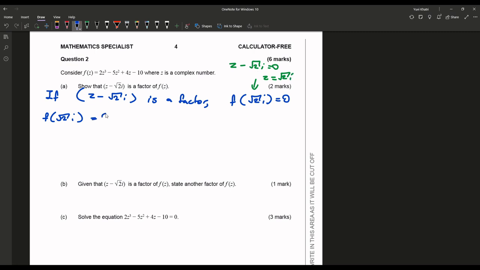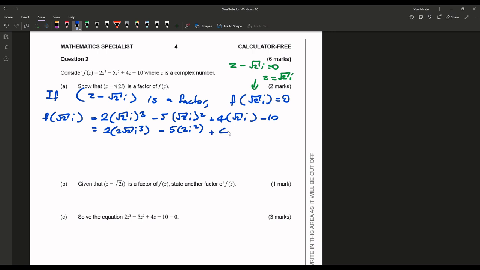So f of root 2i is 2 times root 2i cubed, take 5 root 2i squared, plus 4 times root 2i, take 10. And when we simplify this, you get 2 times 2 root 2i cubed, take 5 times 2i squared, plus 4 root 2i, take 10.